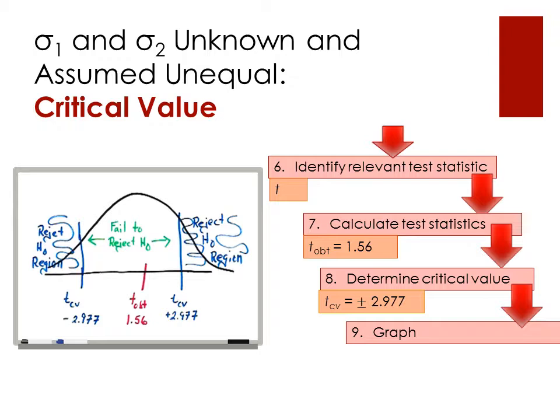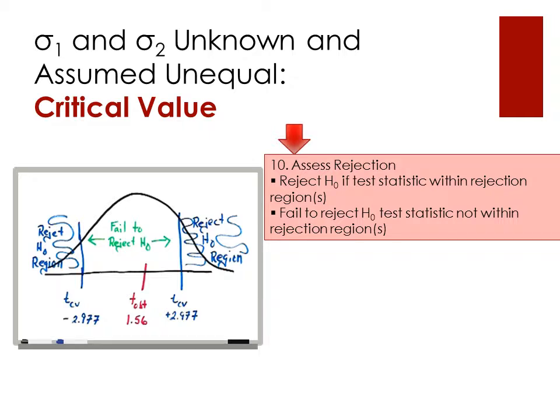So here's roughly my T obtained, 1.56. So now I've got to assess my rejection. Do I reject the null if the test statistic is within the rejection region, and I fail to reject it if it is not within the rejection region? So looking at this situation with our data plotted now, am I going to reject the null or fail to reject the null? I'm going to fail to reject the null.